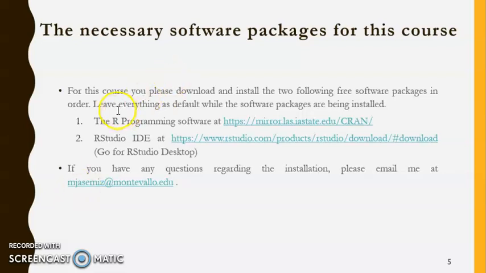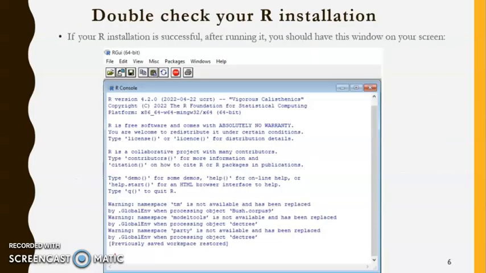And as you can see here, I have mentioned to you to leave everything as default while the software packages are being installed. Okay, so after that, if your R installation is successful, after running it, you should have this window on your screen, my friends.